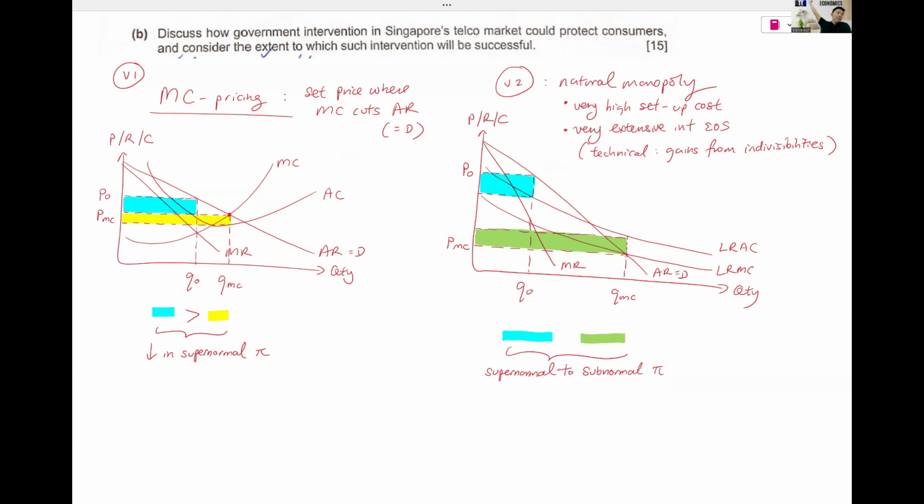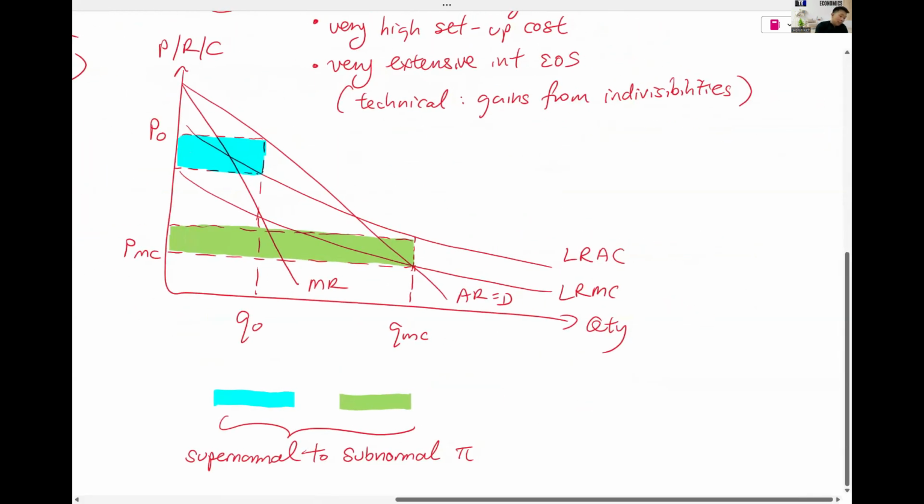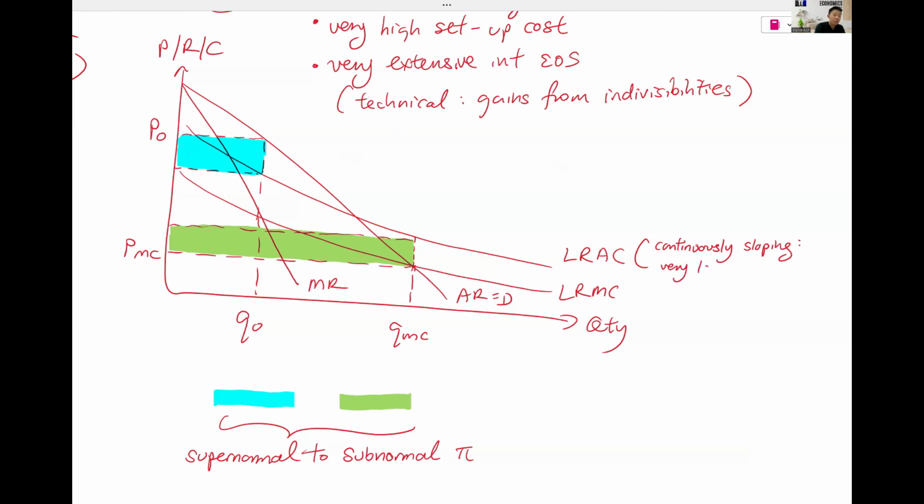Which curve illustrates a lot of EOS? LRAC. In fact, it is continuously sloping, so much so you can't even see a very large MES. You cannot even see the point where it stops falling.